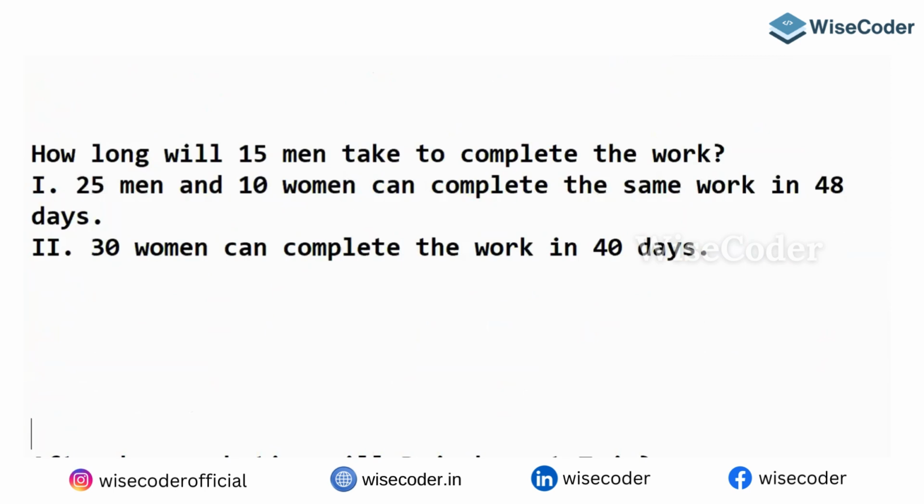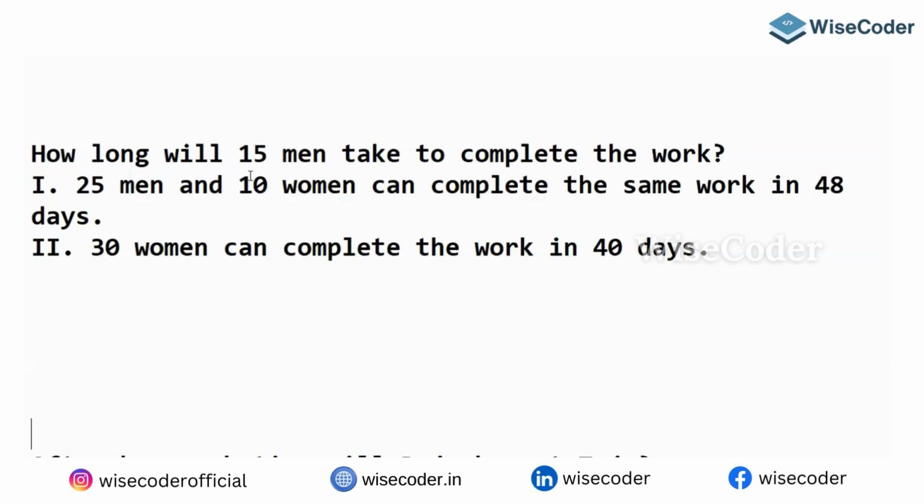You have a question here. How long will 15 men take to complete the work, is the question. Look at statement 1 alone, guys. 25 men and 10 women can complete a job in 48 days.